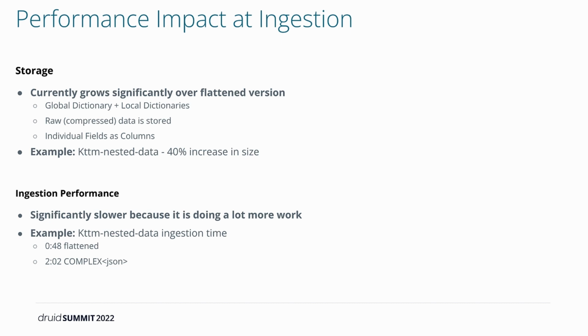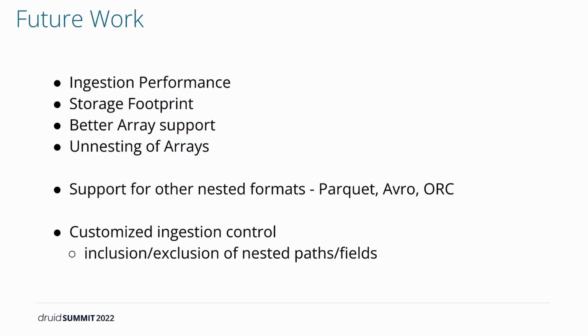So it's approximately 2 times as much work as it would be to just do the flattened version. But I think the benefits are actually quite valuable here in having this dynamic behavior on any JSON structure and just being able to query it with Druid's performance.